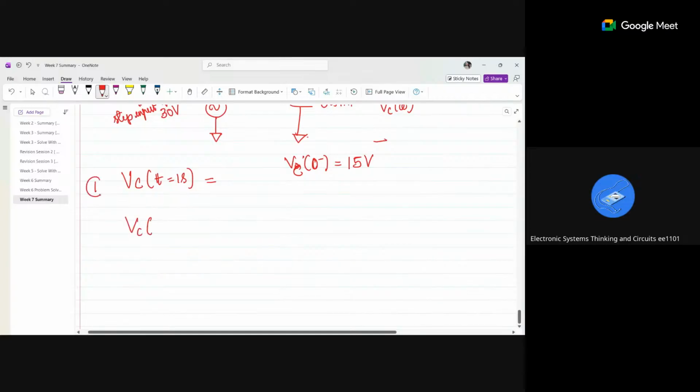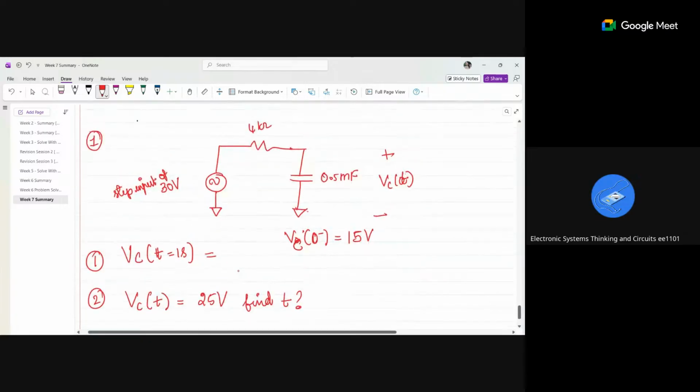Also, this is for the first question you have to find. The second question is, they are given that at some particular point of time, VC of t reaches 25 volts. You have to find the time. Find and tell me the answer.